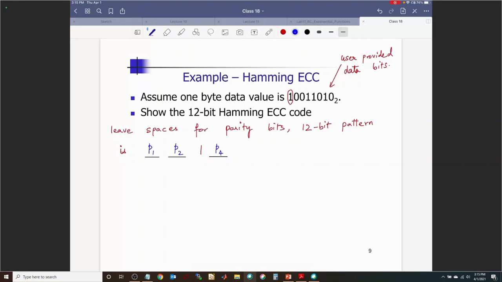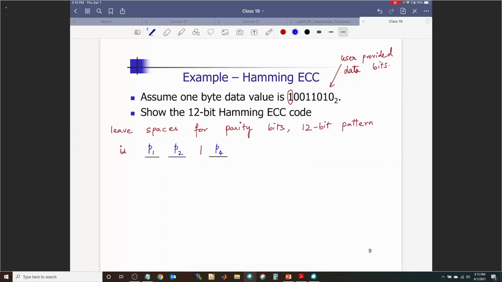Is R always 4? Not necessarily. It depends on the code word that you're trying to protect, right? So in our case, we are using a 12-bit code word. You can have as much as a 15-bit code word with R as 4.